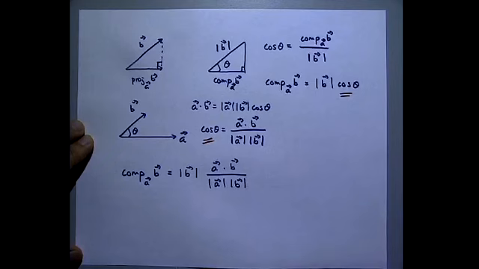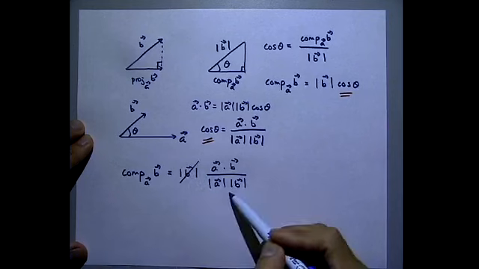So theta is gone. I don't need to calculate it anymore. If I know what A looks like, if I know what B looks like, I just have to do that. In fact, we really don't need this. They cancel out.